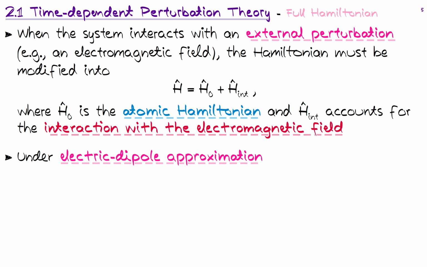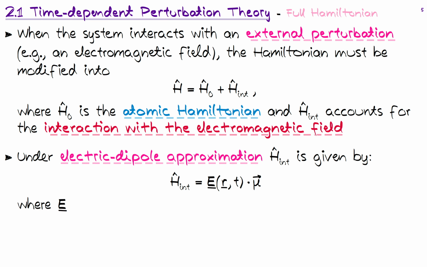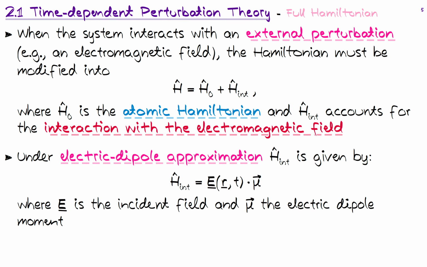Most of the time, we are happily assuming that we are under the so-called electric dipole approximation. In this case, we just mean that the interaction Hamiltonian is written as the incident field E times a dipole moment operator mu. Here E is the incident field and mu is the electric dipole moment. This is what we mean oftentimes when we say that we are under the electric dipole approximation.